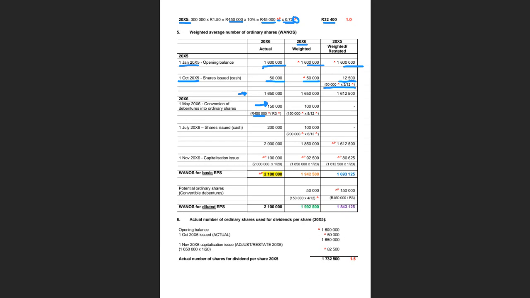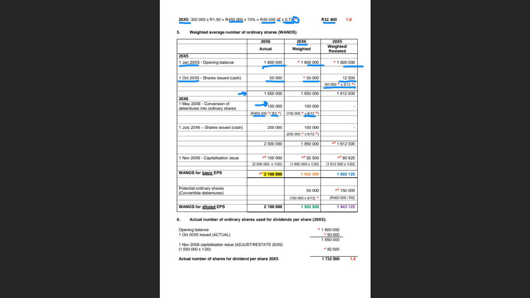So it's 450,000 divided by the 3 rands per share. That's the 150. Now that 150 was ordinary shares for only 8 months of the year. Remember we said there were debentures for 4 months of the year and then ordinary shares for the other 8 months of the year. So they apportion it for the period of time that it was ordinary shares.